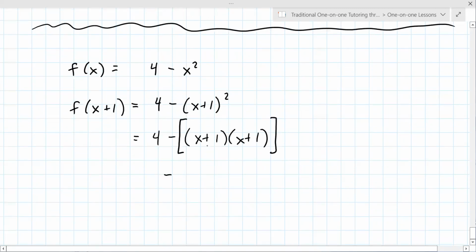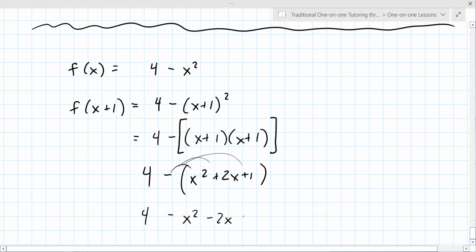So you first expand the binomials. That's x squared plus 2x plus 1. But then this is really important. You negate everything. So 4 minus x squared minus 2x minus 1.